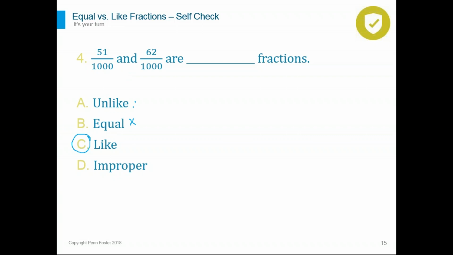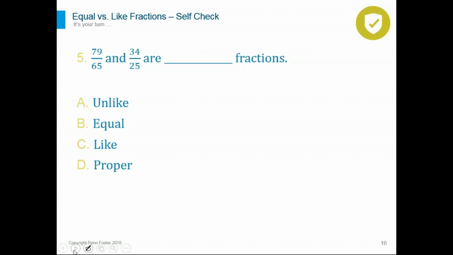Unlike is wrong because both fractions have the same denominator. Improper: the numerator is smaller than the denominator in both cases, so actually the two fractions are proper fractions. So this is incorrect. Like is the right answer. So I'm able to put this word here, and that would make my statement correct.